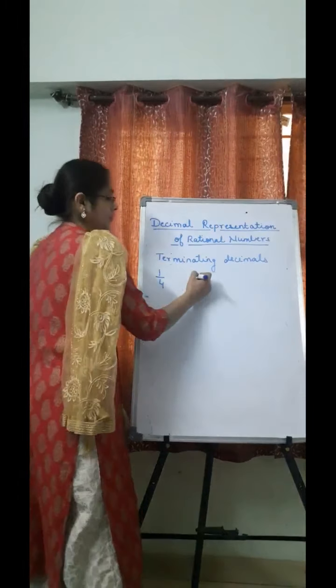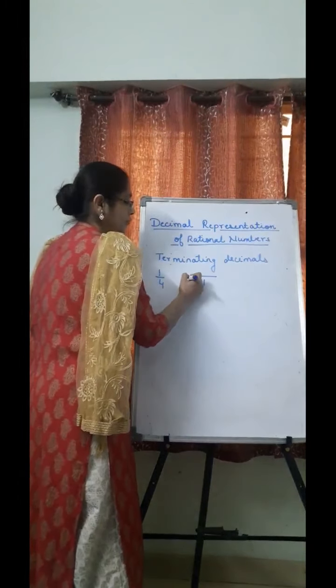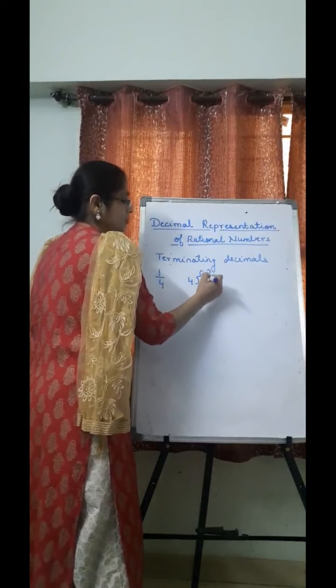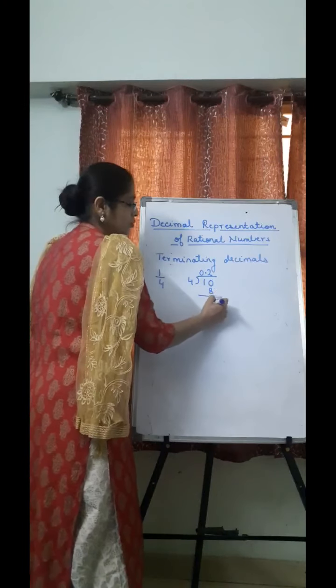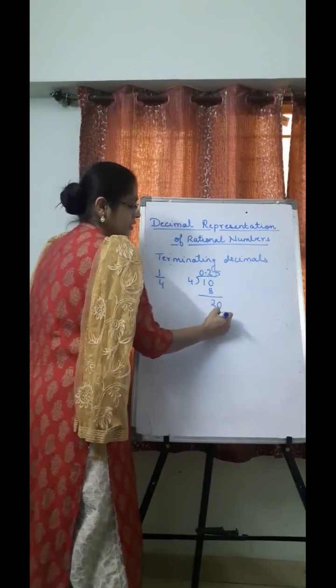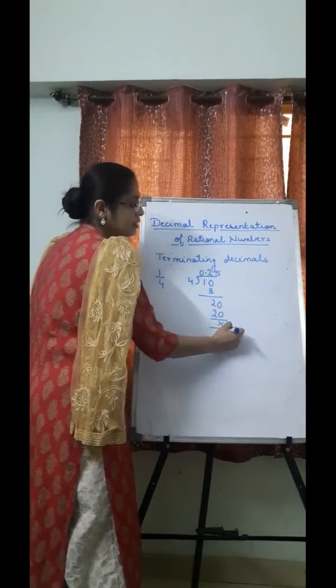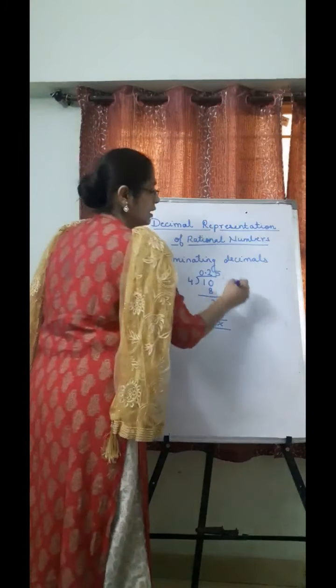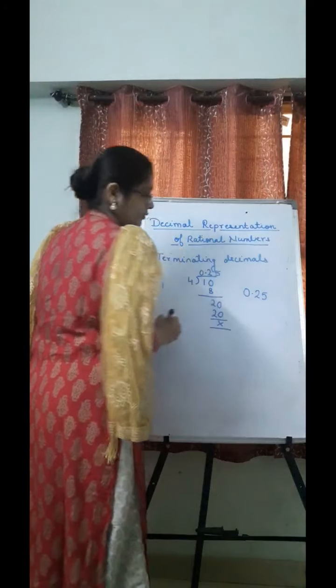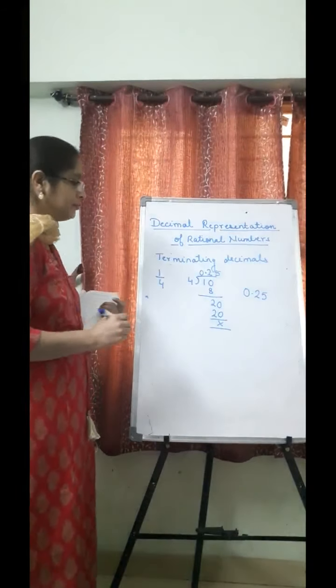Let us divide 1 by 4. I write 0 here. 4 twos are 8. 2. One more 0. 4 fives are 20. I get a remainder 0. This is a terminating decimal, 0.25.